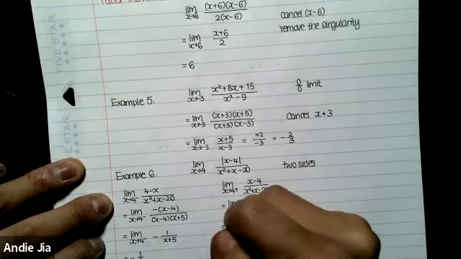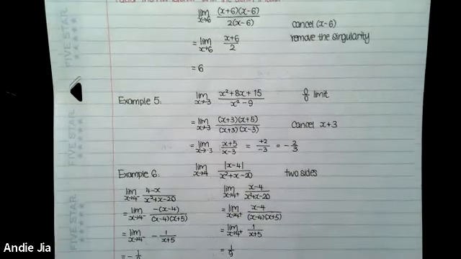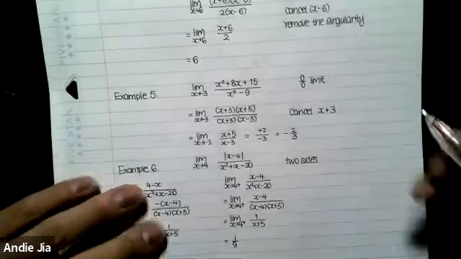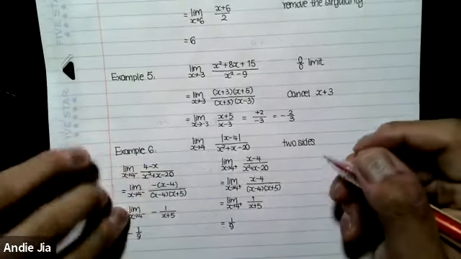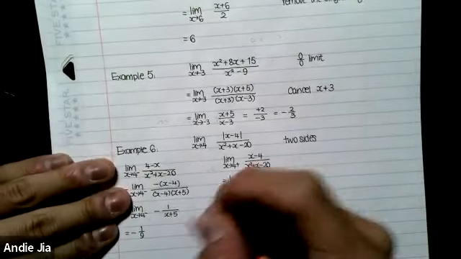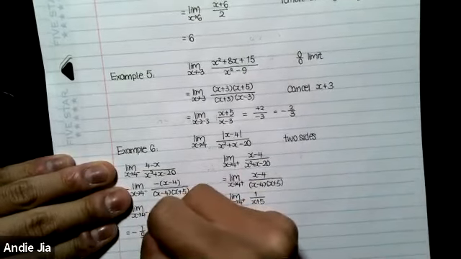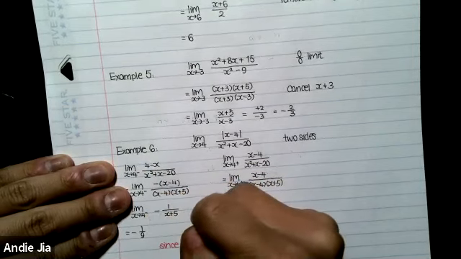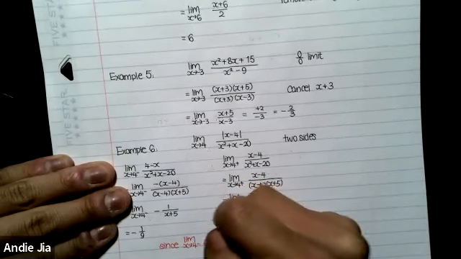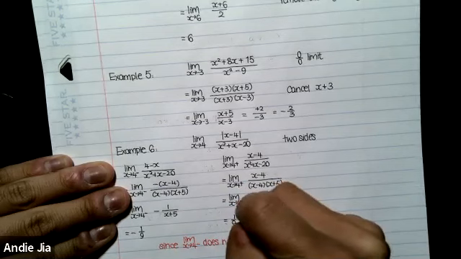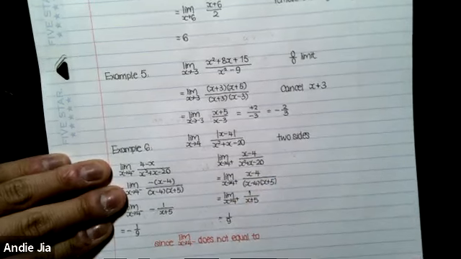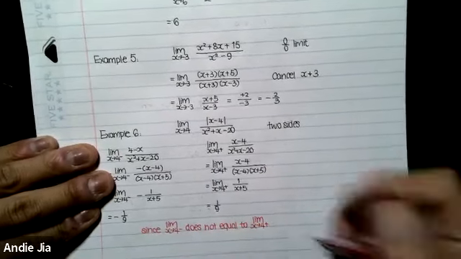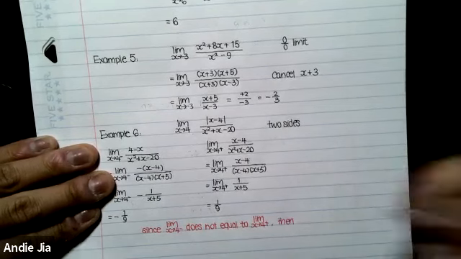It is 1 over 9. Since the two-sided limits are not equal, the limit does not exist.